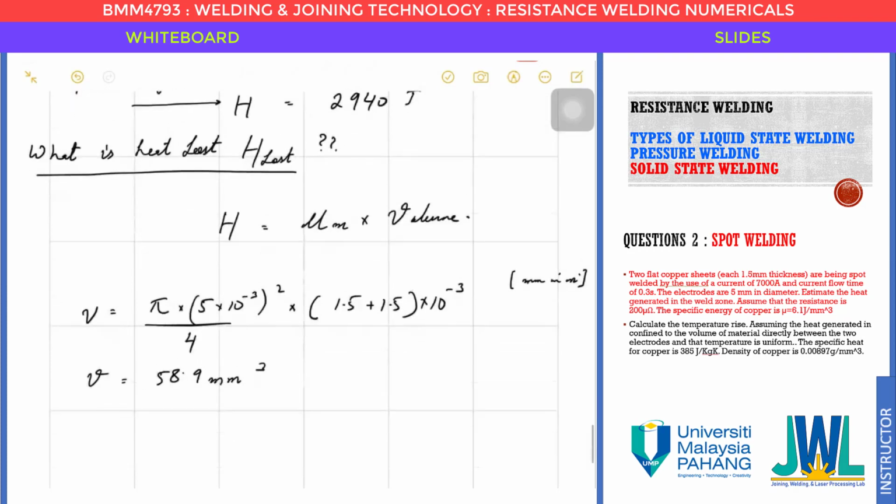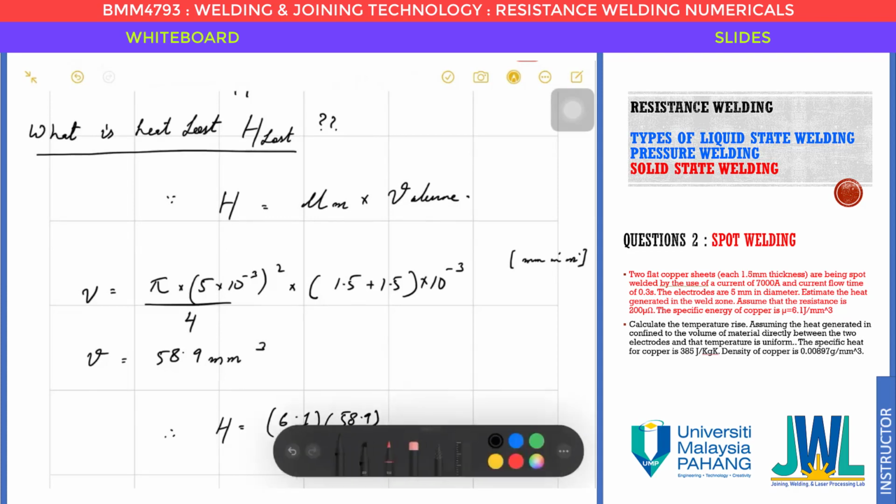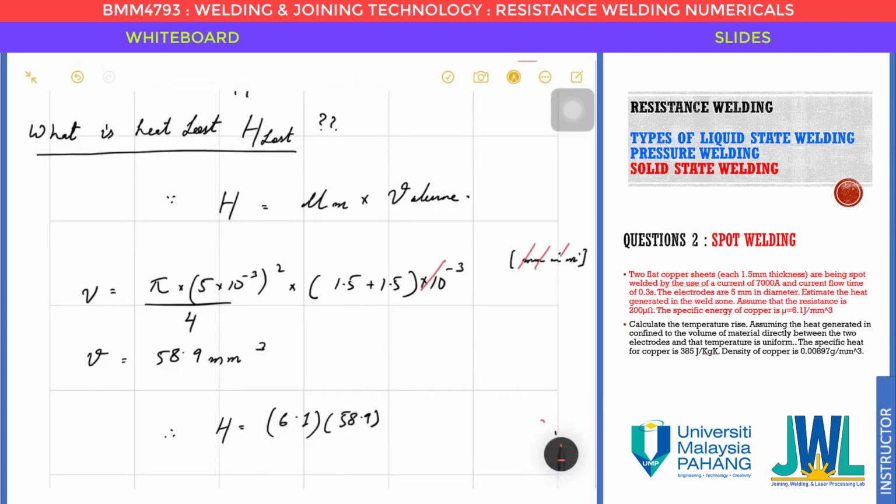So this implies that H is equal to 6.1 into 58.9. Okay, actually I made a mistake, I think. There is no need to convert to meters, because we want the volume in millimeter cube, since the specific energy is in joules per millimeter cube.